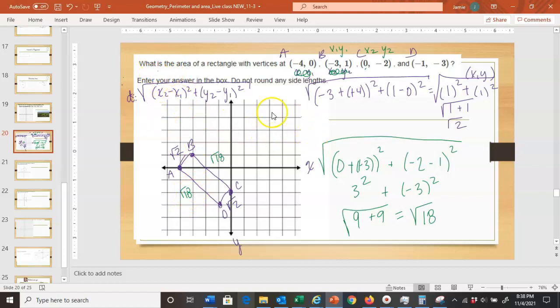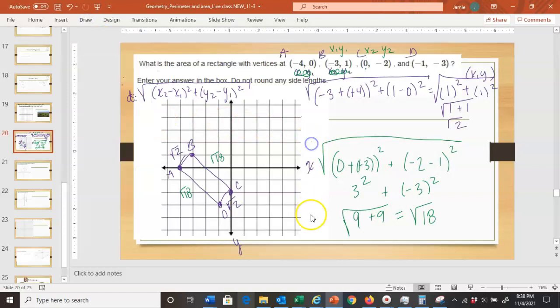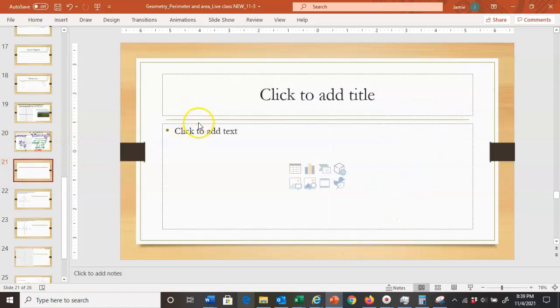Area of a rectangle is length times width. So we're going to have root 2 times root 18. Oh gosh, this is going to be so much fun. Hold on, let me get a new slide. Root 2, root 18. Do you guys remember doing this in algebra?